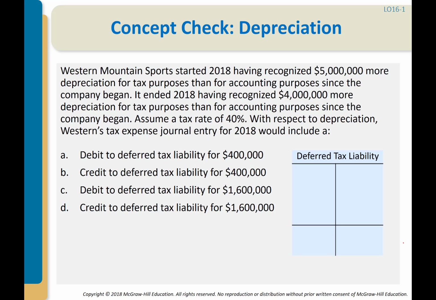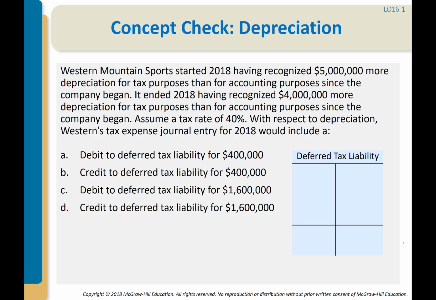So let's go ahead and take a look at this question here, this Western Mountain concept exercise. And what happens here? They end up looking, and they have 5 million more depreciation for tax purposes than for accounting purposes since the company began.